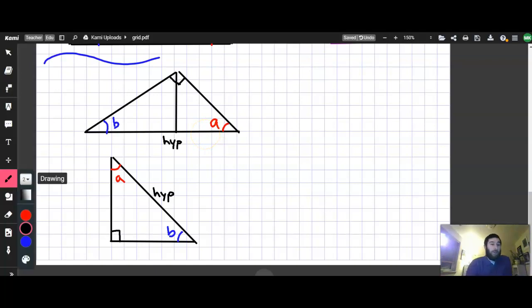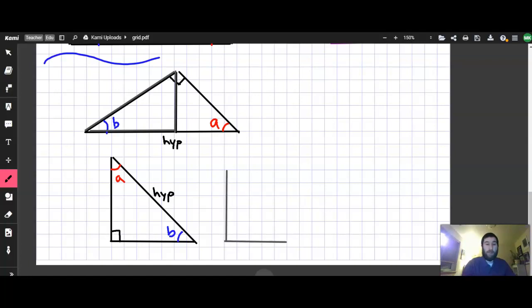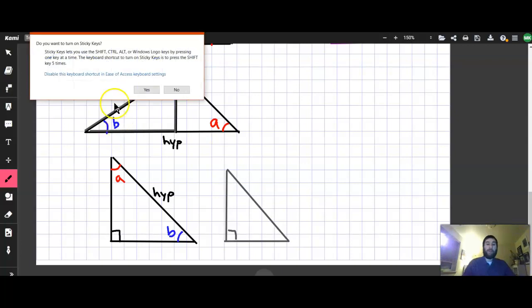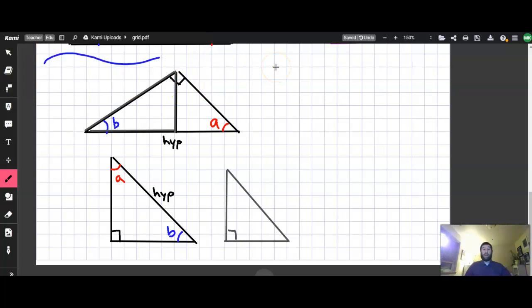Because I'm going to do the same thing now to the other triangles. So the gray triangle that we had before, boom, boom, boom. I'm going to go ahead and do the same thing. I'm going to draw that medium triangle. And I'm going to make sure that it has B and A in the same place.